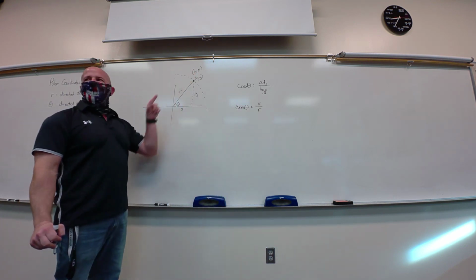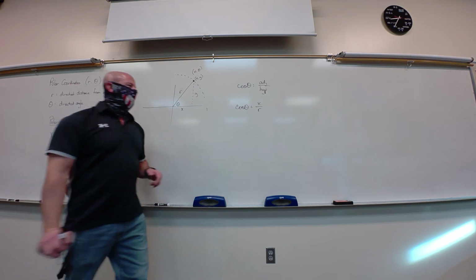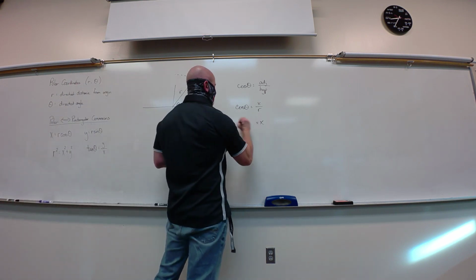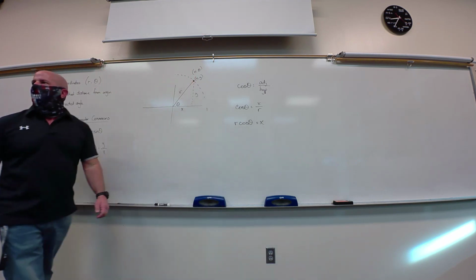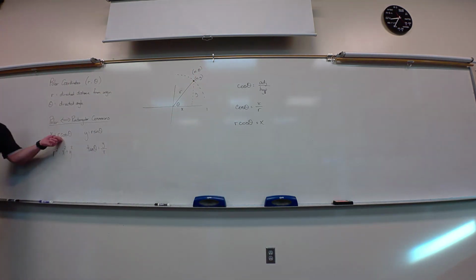Adjacent, hypotenuse. So x would be r cosine theta if I multiply both sides by r. That's where that came from. It's really the same thing that you're used to working with before. You just usually saw the r over here and an x over r. Everyone okay with that?